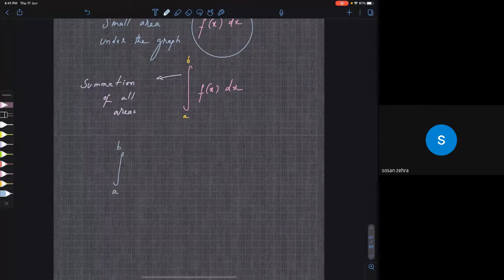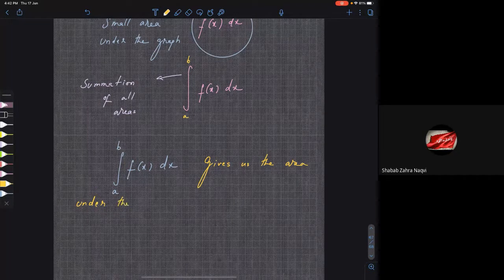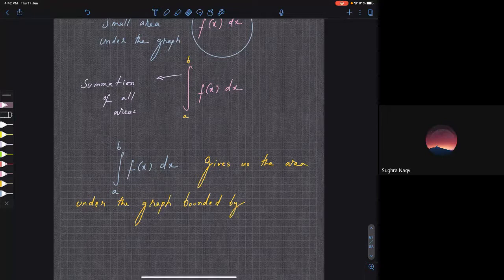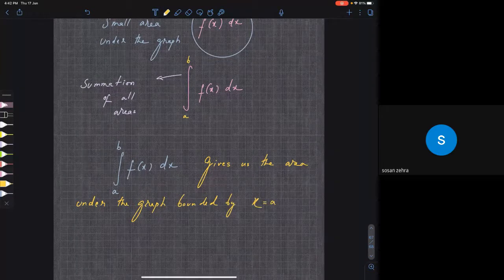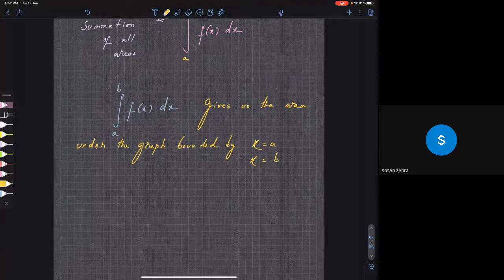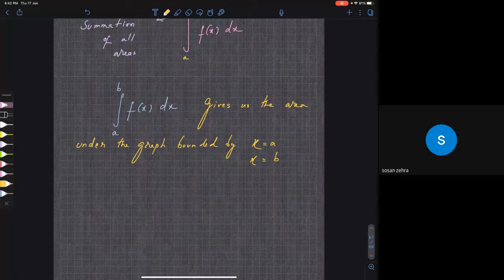Integral from a to b of f of x dx gives us the area under the graph bounded by x equals a, x equals b, and the x-axis.